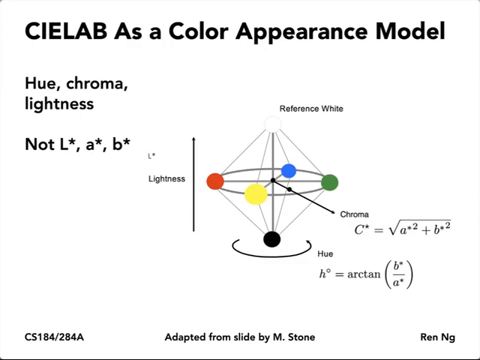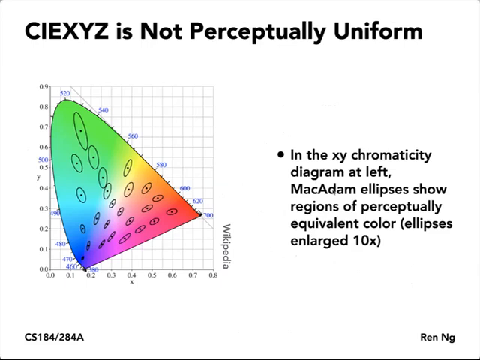And the chroma, C star, is the distance from the origin. So if it's a very small C star, you're close to the origin, it's very close to black and white. A very pale color or a colorless achromatic color, completely pure gray. And the larger C star is, the more out towards the periphery of the circle the color is, and the more intense the color, the more saturated the color.